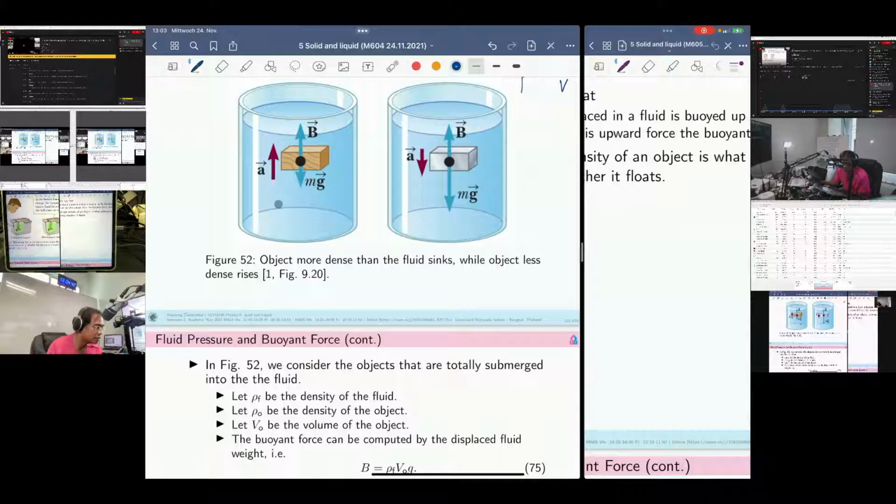And V O is the volume of the object, right? O stands for object, the first letter of the word object. And the buoyant force can be computed from the displaced fluid weight, okay?